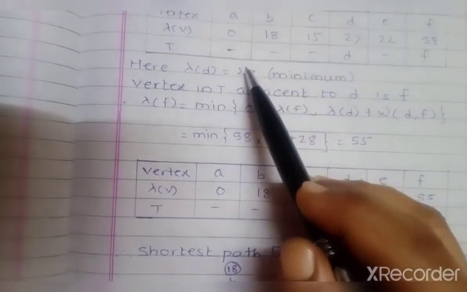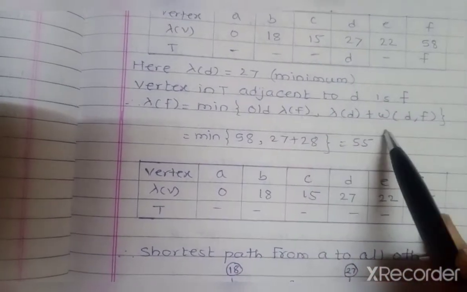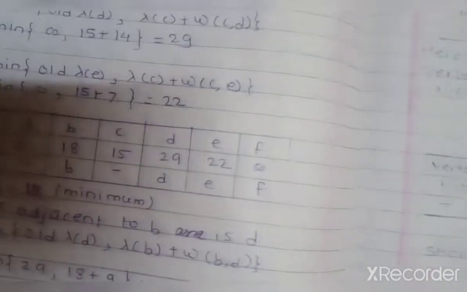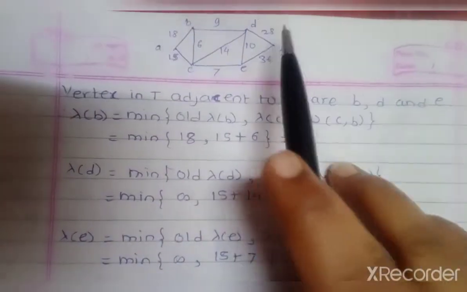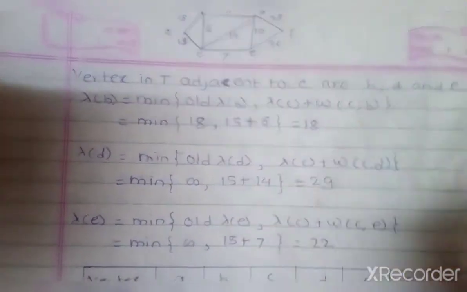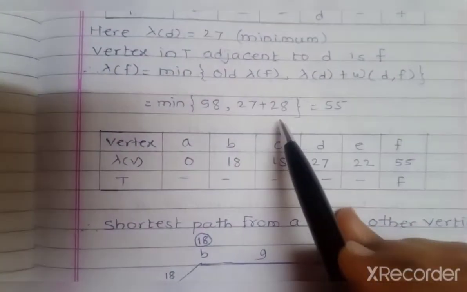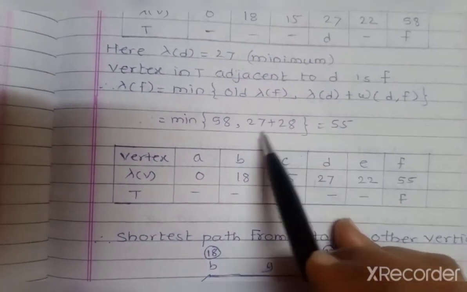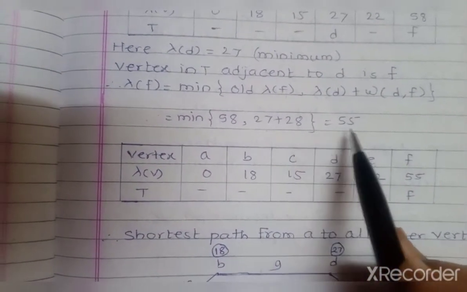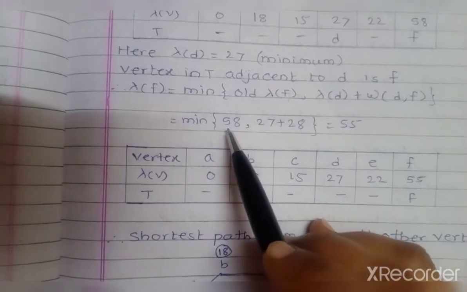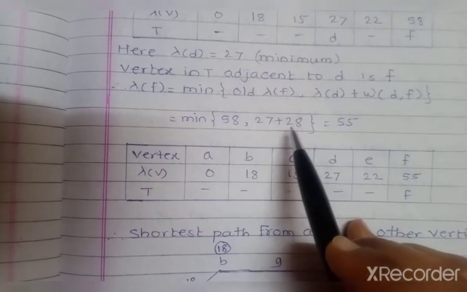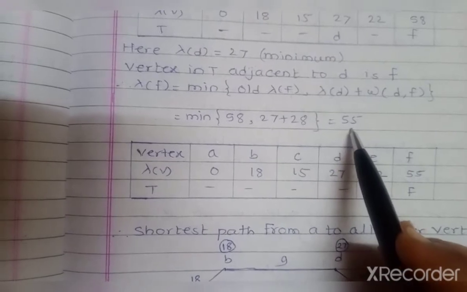Lambda of D's value is 27. The weight of D to F is 28, so we put here the 28. Do the simplification, its answer becomes 55. So among this 58 and 55, the minimum is 55. So we write down the 55.